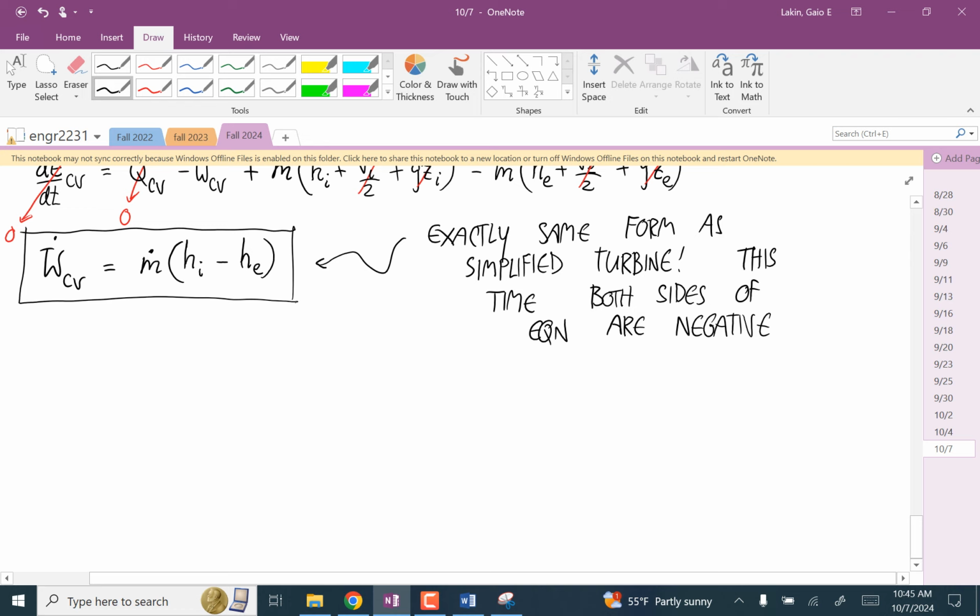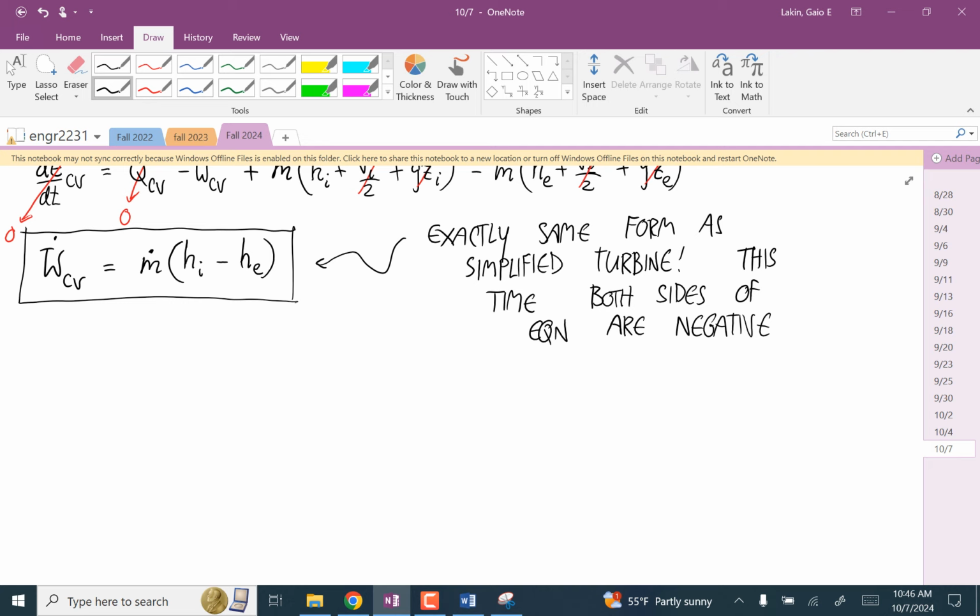In a turbine, both sides of the equation are positive. So if you had perfect efficiency, you could hook up a turbine and a compressor and run it forever, but it doesn't work that way in practice.